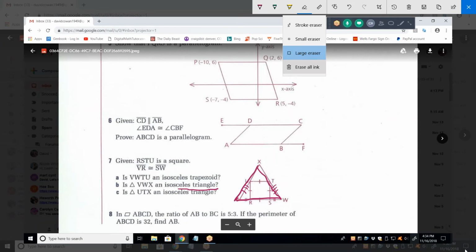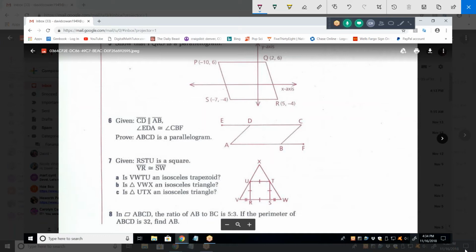Okay, so let's go through it again. Why is that isosceles? Because VX equals WX. Why? Because of the addition property with TW and TX.